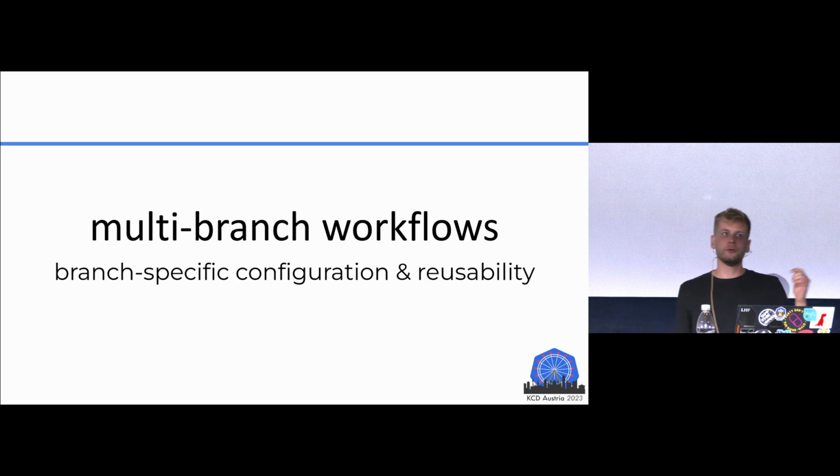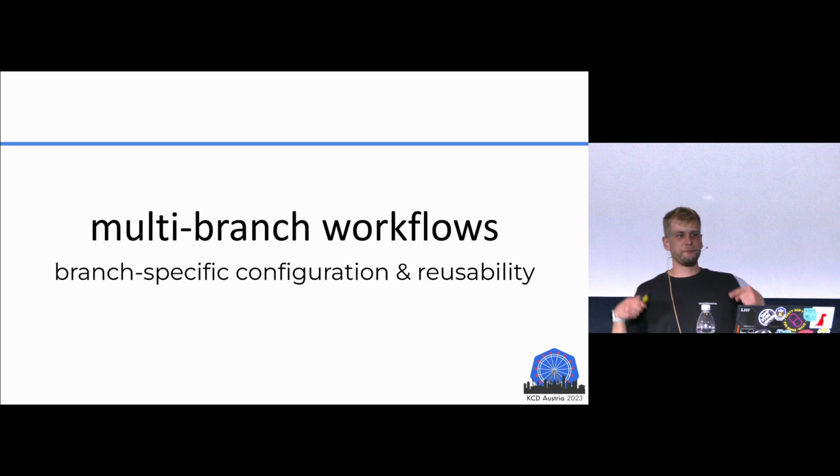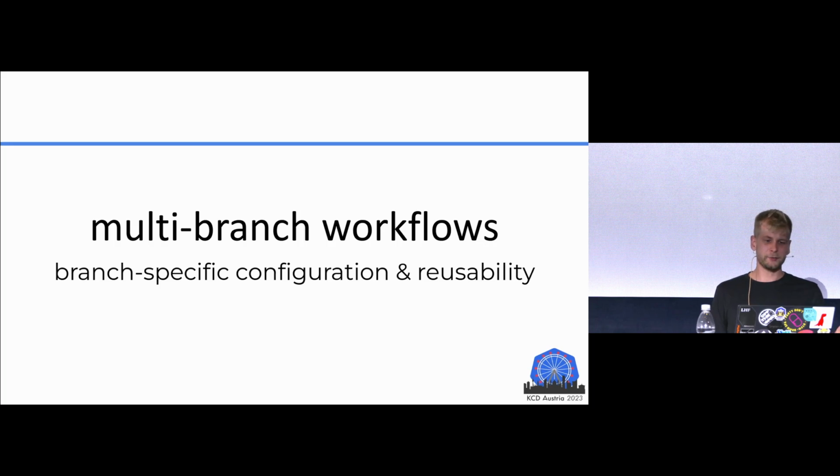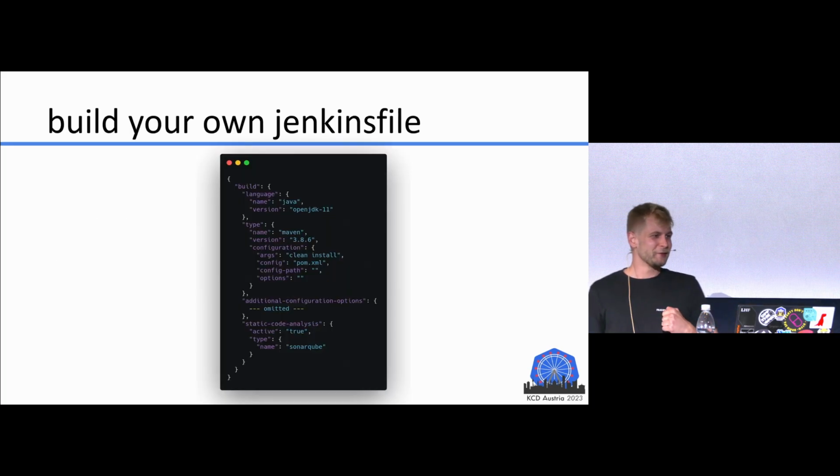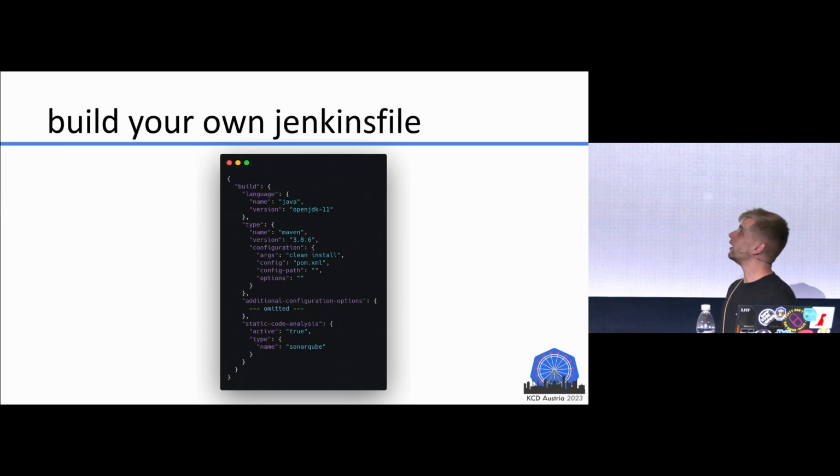So now we could build another workflow or send a parameter inside of the sensor, but that would affect every workflow for this application. So we decided that's no good. We just build our own Jenkinsfile. So we implemented, we call it workflow descriptor, which allows developers to specify common parameters for the build.